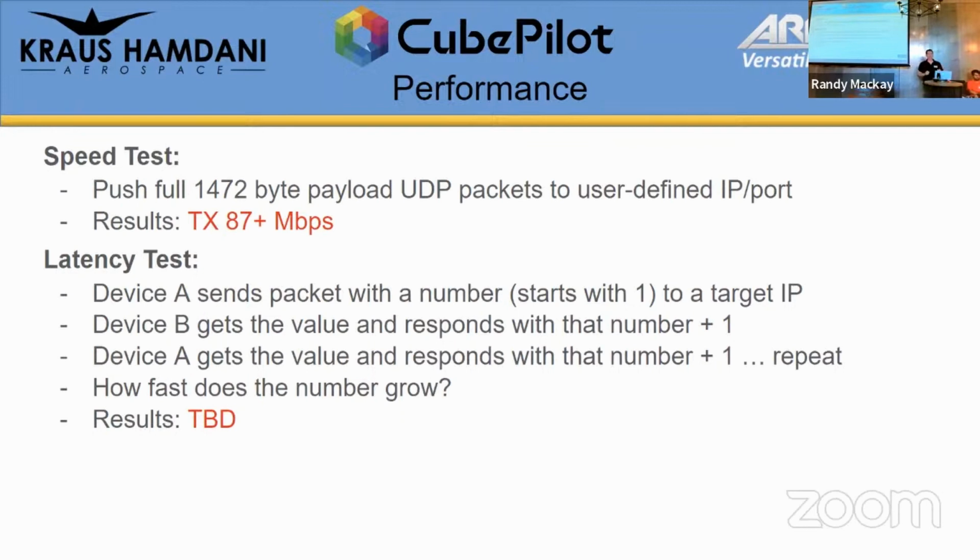If anyone receives that, they increment it and send it out, and whoever receives that increments it and sends it out. So you have two units going back and forth, and the question is how fast the number can grow. It's a ping-pong sort of latency test with one int as the payload. There's a whole bunch of overhead for IP routing, but with just one int of payload, how fast can we slam that back and forth between the two units?